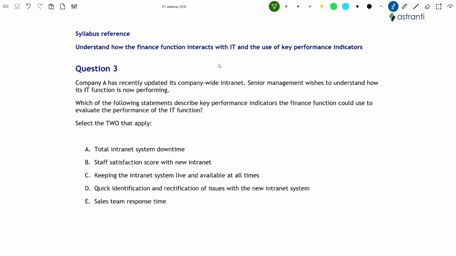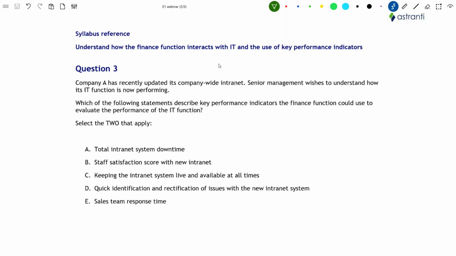And another important theme in the E1 syllabus is how the finance function interacts with other areas of the organisation. And that includes human resources, operations, sales and marketing, and the IT function, which is what we're looking at in this question. And one of the aspects of this interaction is through key performance indicators, or KPIs.